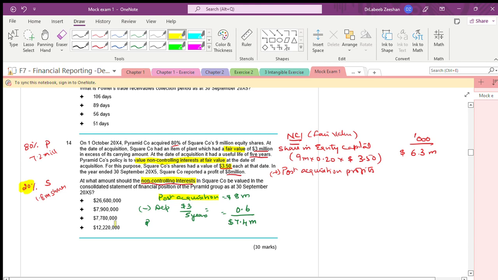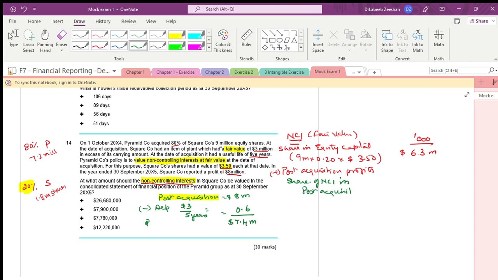Now, the share of NCI in post acquisition profits is 7.4 into 0.20.